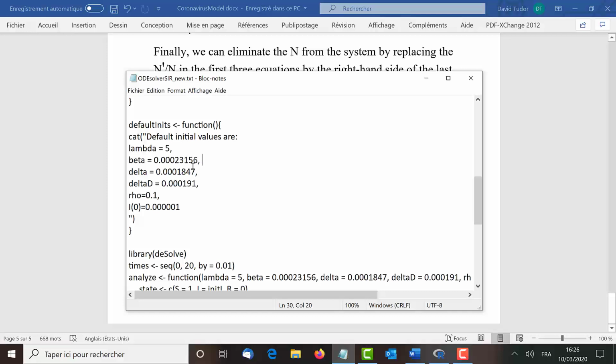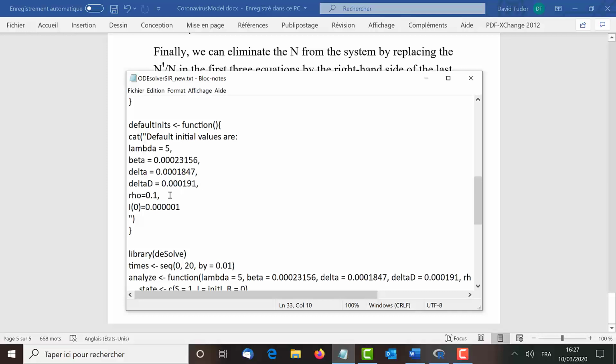Our unit of time is weeks here. Then delta is the death rate for the susceptibles and removeds. Delta D is 3.4% higher than the usual death rate for people who are not infected. Remember that delta D is the disease-related death rate.